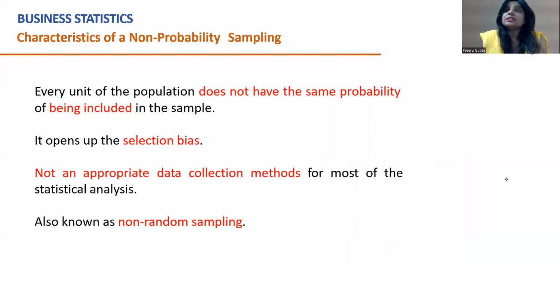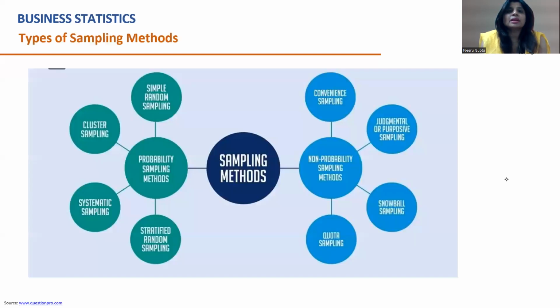It opens up the selection to bias. Biasness can be there. It is not an appropriate data collection method for most statistical analysis. It is also known as non-random sampling. Okay. Probability sampling is random sampling and non-probability sampling is non-random sampling.